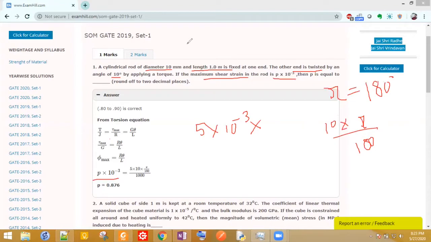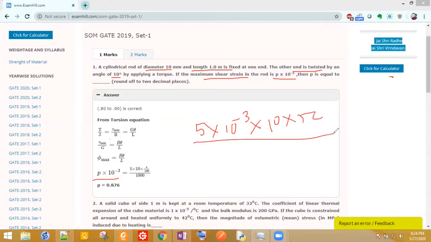I'll write again here to make things clear. The radius we have written. Now the angle of twist, theta, is 10 degree, so in radian it will be 10 into pi by 180, and then divided by 1 meter.